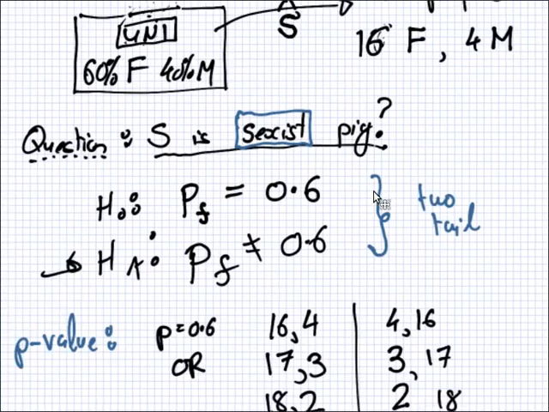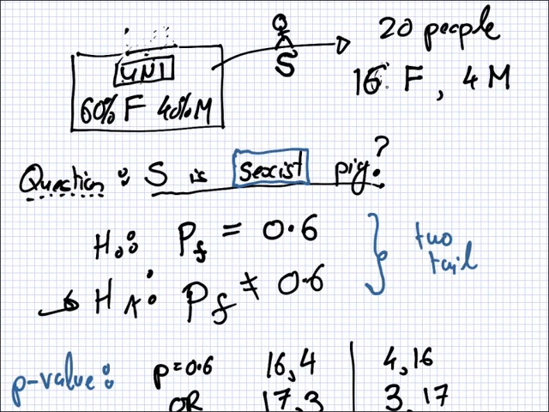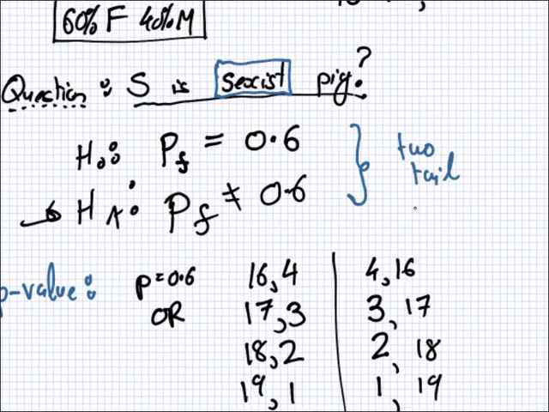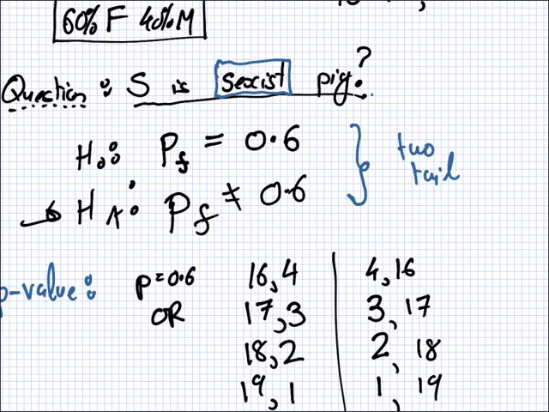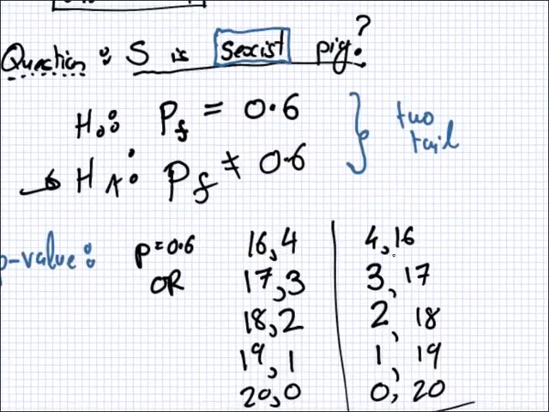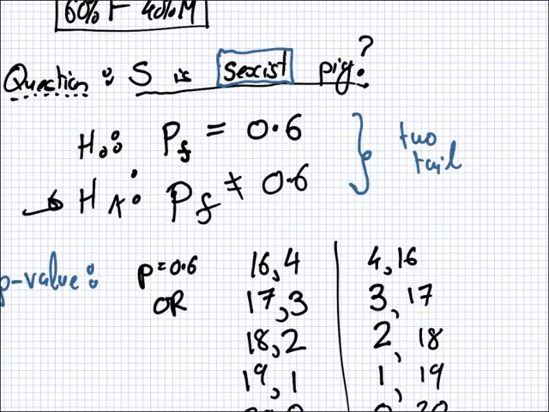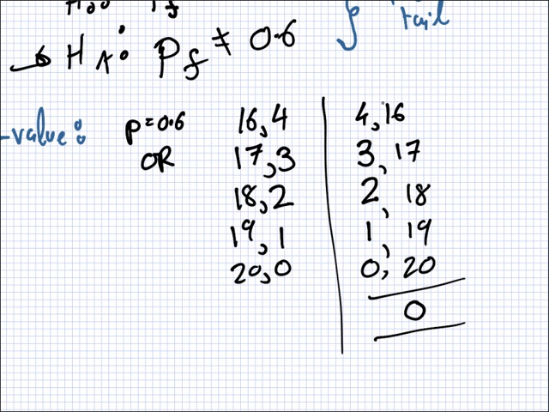If I said to you, the person picked 16 females, how likely is it that they'll pick something so different to what you got? It's quite small, I think. But because it's two-tailed, we have to consider both ways around. I think we can do both of these quite easily using the table book. I recommend that you do it as 2 separate problems, and then add the 2 answers together.